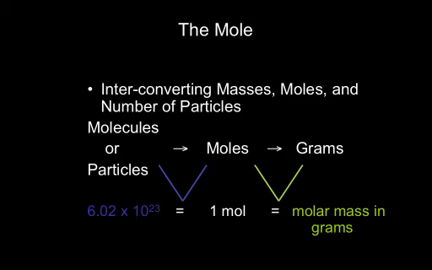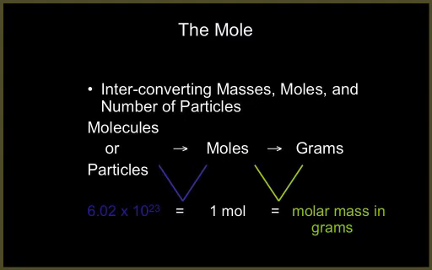I'm going to go on to the next slide because I've got this graphic that we used before. Okay, so here's the interconverting. Moles is still in the middle here, so that's our bridge. 1 mole of any substance is equal to 6.02 times 10 to the 23rd molecules or particles. Now notice this is reversed of what we did before, but this is the one we used back in Honors Chem, so that's why I pulled this back to help you remember.